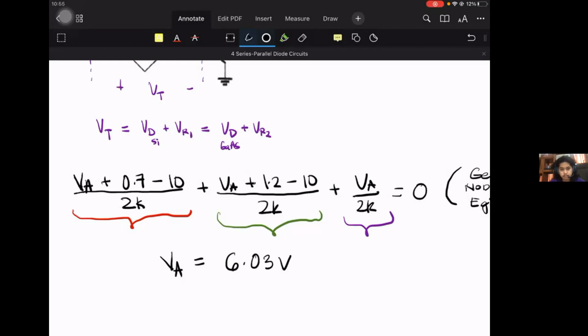I-shift solve na to. Muna magawas. Try ninyo. X plus 0.7 minus 10 over 2,000 plus X plus 1.2 minus 10 over 2,000 plus X over 2,000 equal to 0. Shift solve 6.03. Magawas ng answer.